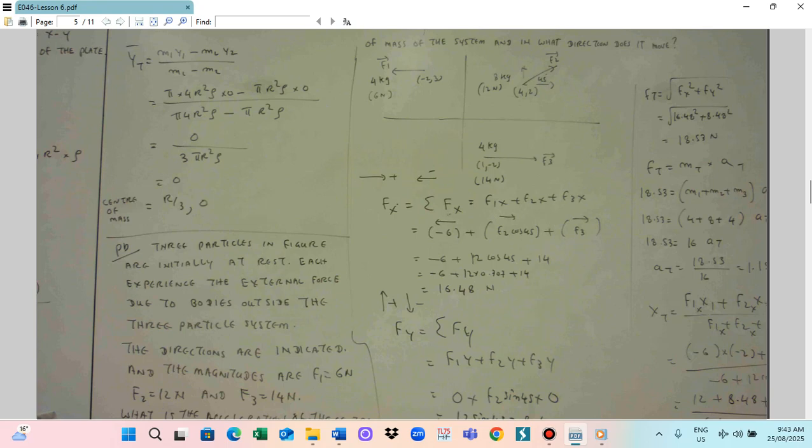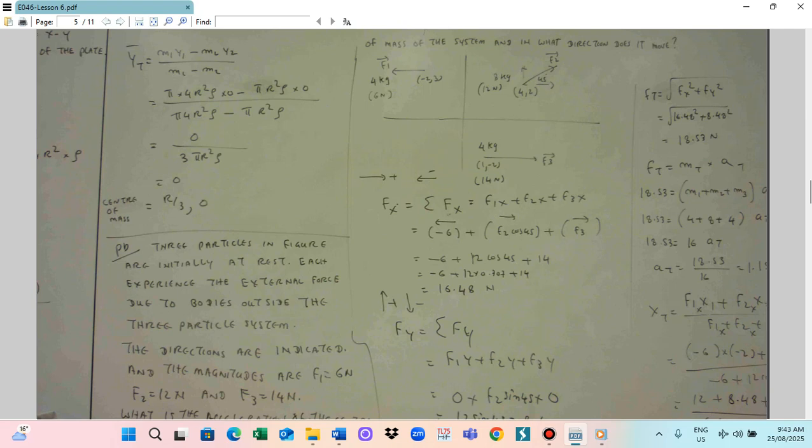So minus 6 plus F2, which is 8 into cos 45, plus 14. By this way, you can calculate the F total. So this is the summation of Fx.